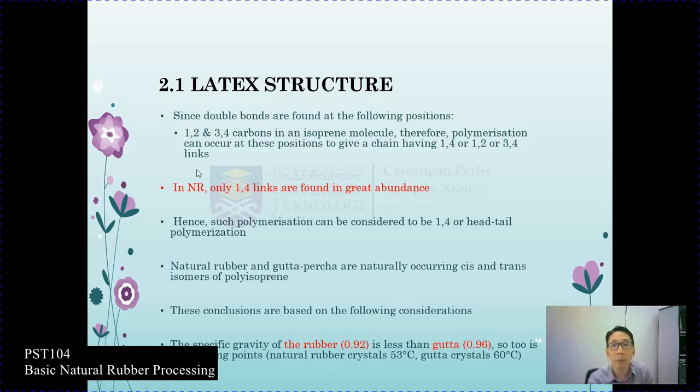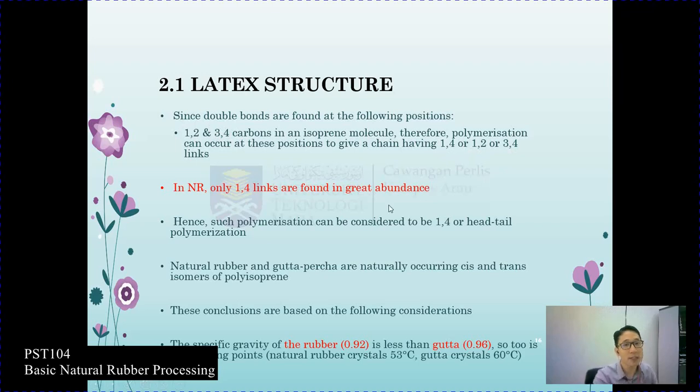During the polymerization, the weak bonding on the backbone structure will be broken and forms a stronger link. Either it will break at 1, 2 or 3, 4 carbon to form a 1,4, 1,2 or 3,4 link. But in natural rubber, only 1,4 links are formed in great abundance.